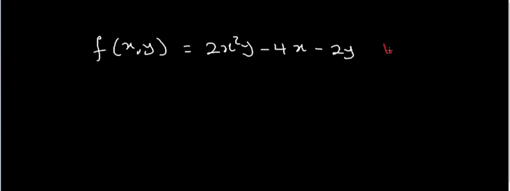This is implicit because I have more than a single variable. I'm having x and I'm having y. So this is an implicit function. So to do this, for example, you're asked to find f of 1, comma 1. So how do you do this?